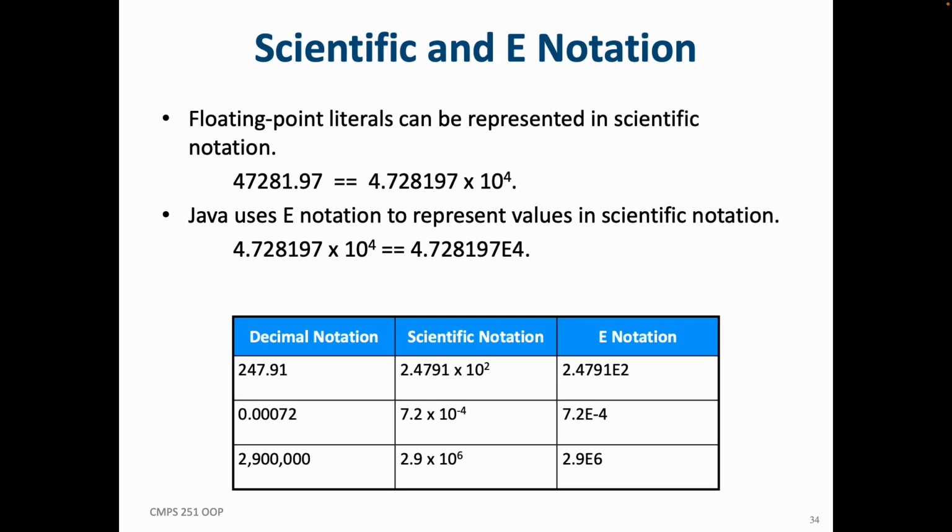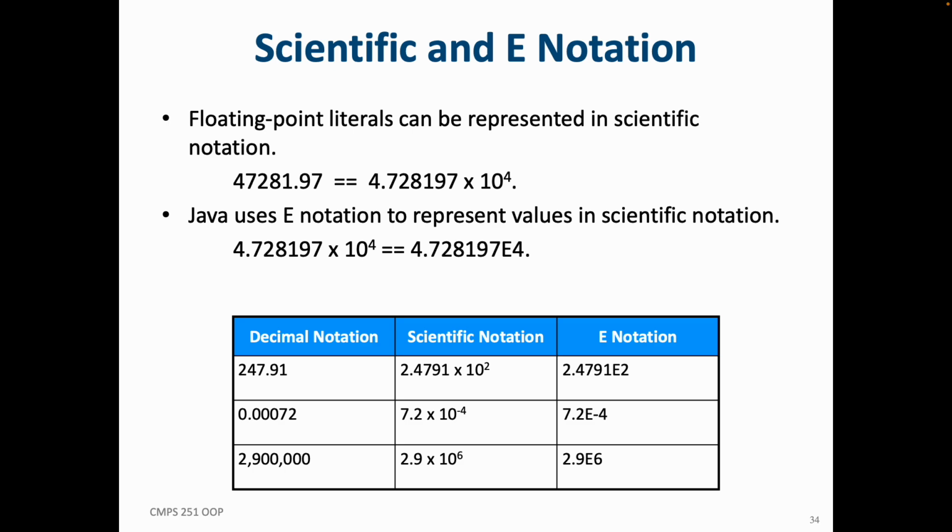And for numbers, Java uses the E notation for scientific notation. What is that? Firstly, what is scientific notation? Well, if you have a decimal number like 247.91, in scientific notation you leave just one digit on the left side of the point, and all the others go in the decimal part.